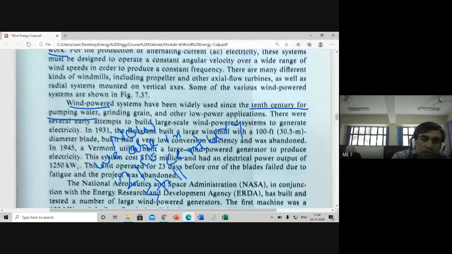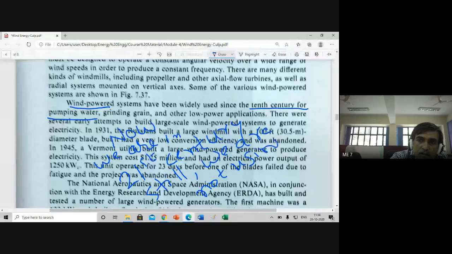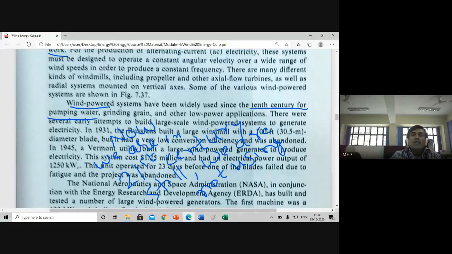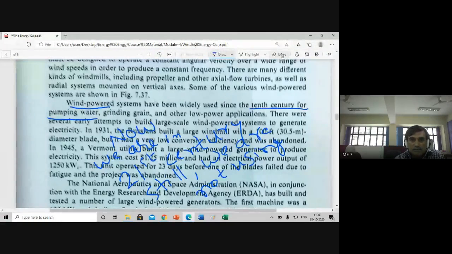Still, we are not using it because the technology is not developed to work continuously and efficiently. Now let us proceed further.